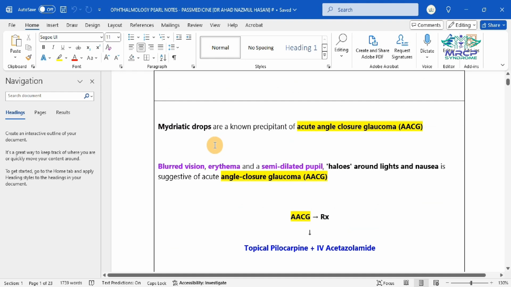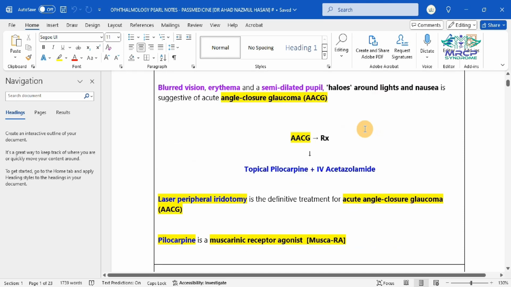So the mydriatic drops, meaning the muscarinic receptor antagonists like atropine, are the precipitating factor for acute angle closure glaucoma. In glaucoma, the pupil would be dilated, so we will use a drug that causes constriction of the pupil, like pilocarpine, which is an agonist.